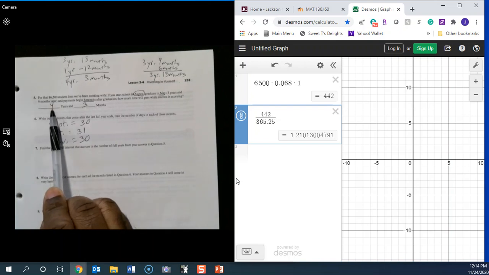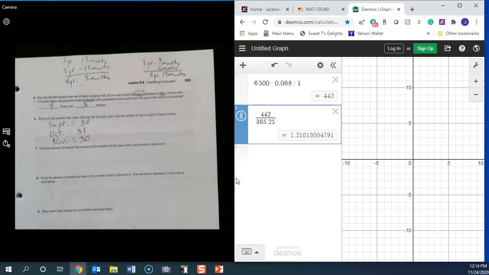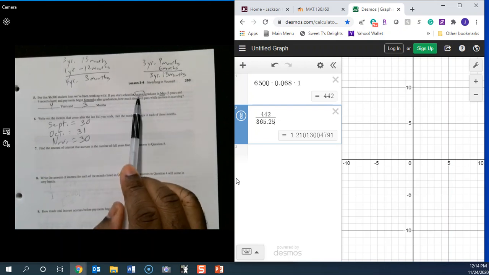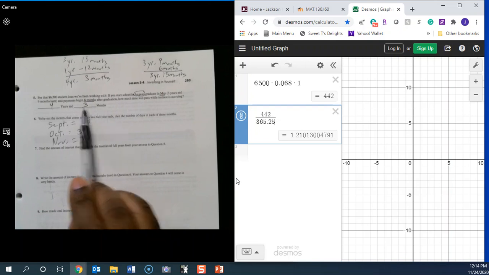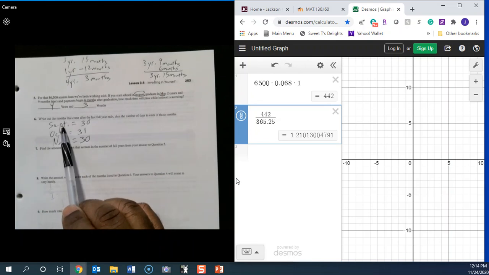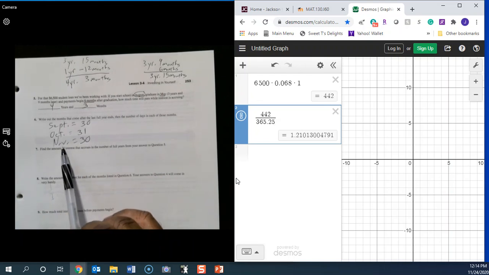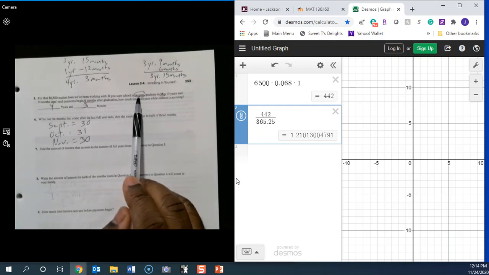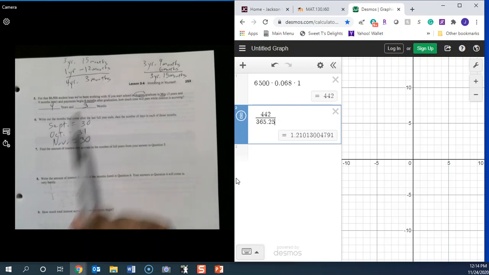So if you do 4 years, August to August is a year, and then after 4 years, you will still wind up in August. So you have to do the 3 months after the 4 years, which take you to August again. So then that would be your September, October, and November. Sorry about that, but that's how that is supposed to go. So again, 4 years from your start date of August, you will end up in August, and the 3 months after that will be September, October, November.